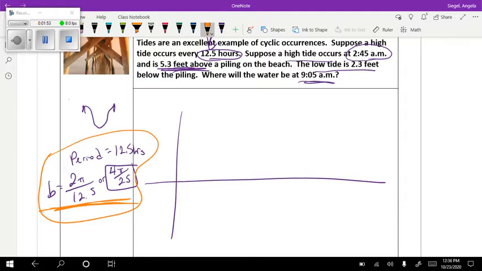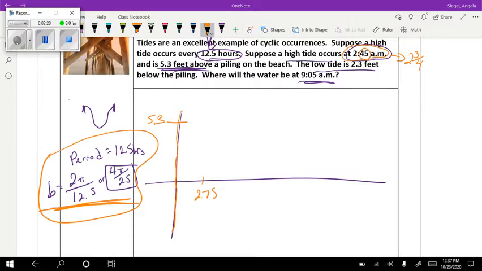So that's going to be my B. The next thing I noticed is that high tide is a time. I'm going to think of this as midnight. And so 2:45 a.m., that is 45 minutes, that is 3/4, so 2 and 3/4 of the hour. And I'm going to start there. So that's going to be my shift.